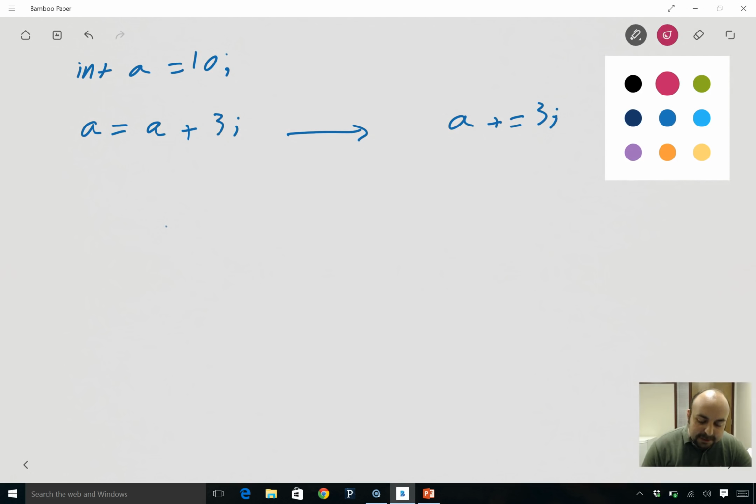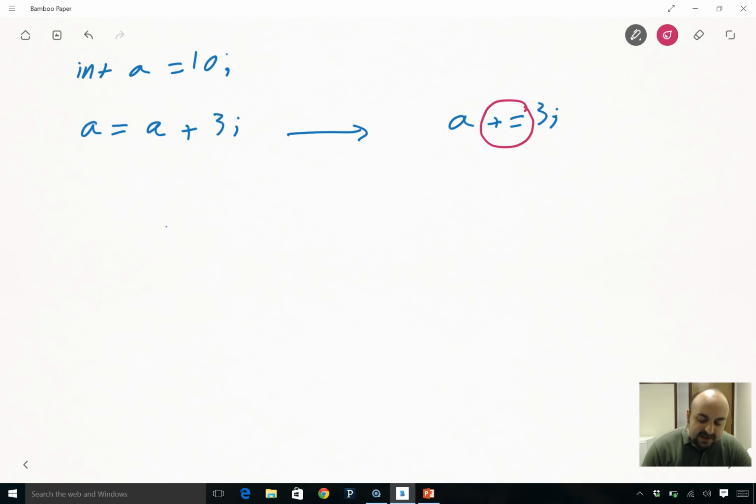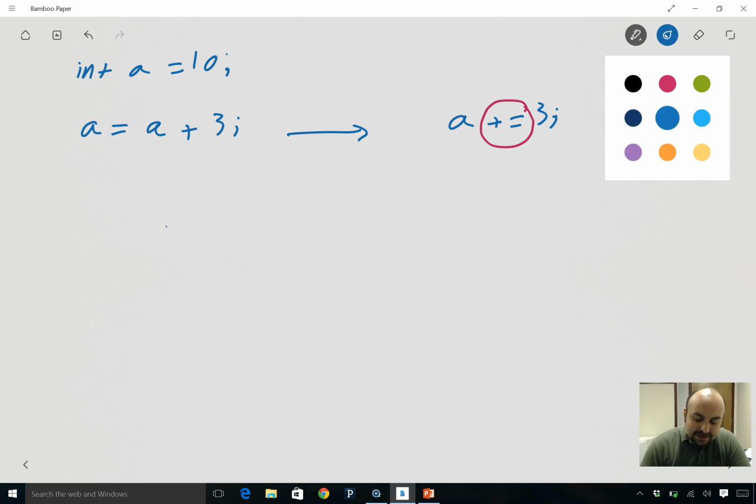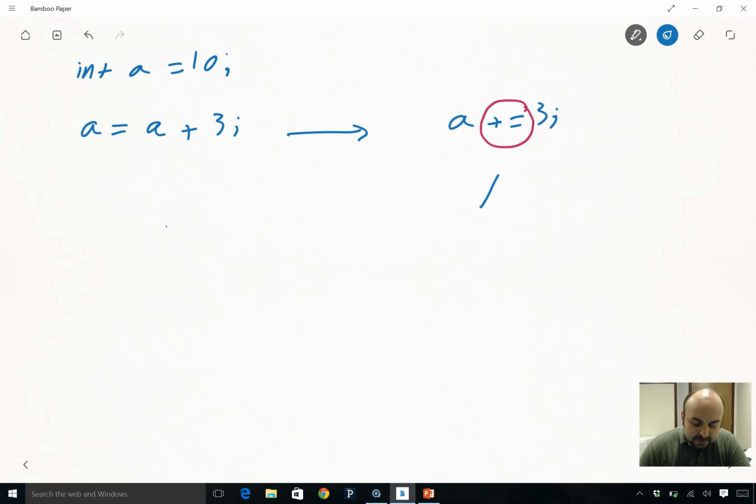The plus equal is an operator that is used to denote adding something to a variable itself. The result for both of these statements is 13. I just randomly picked that.